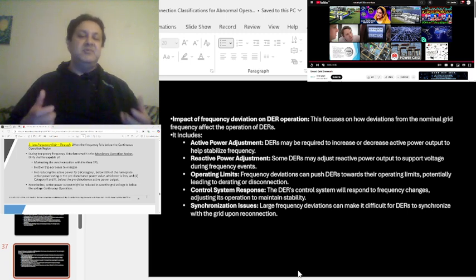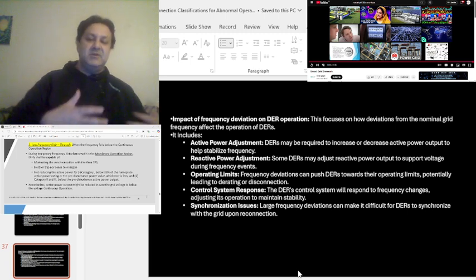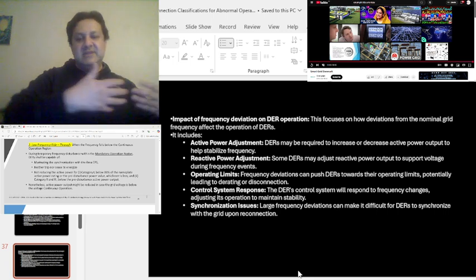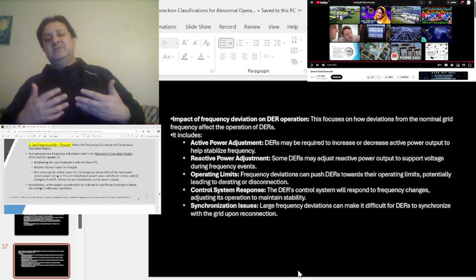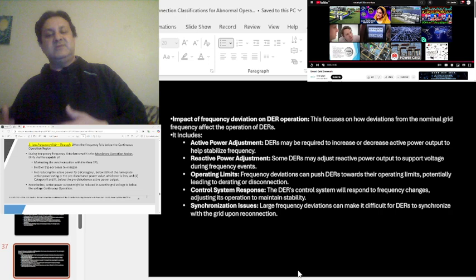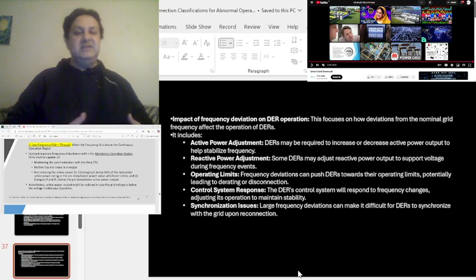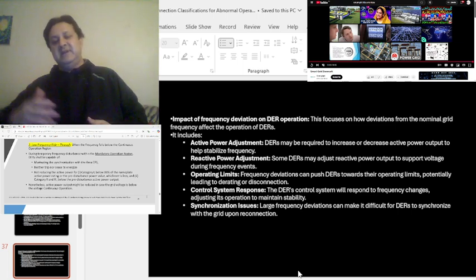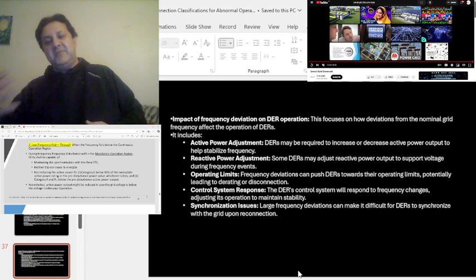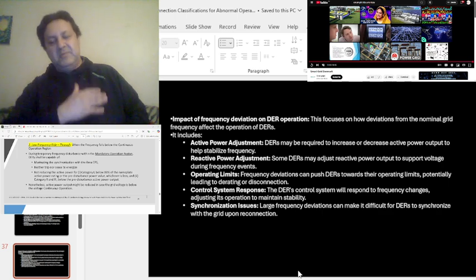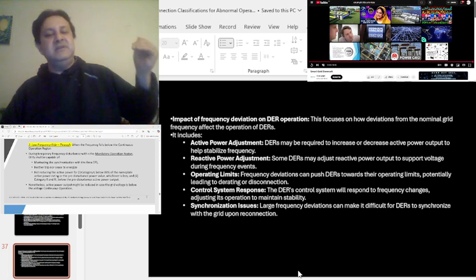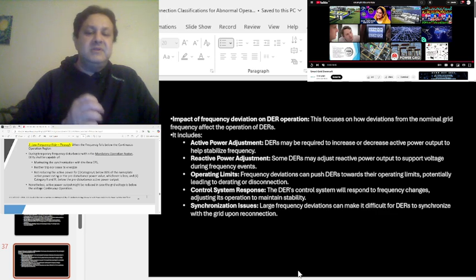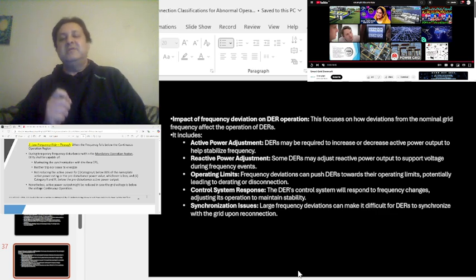Now, the operating limits. Frequency deviations can push DERs towards their operating limits because, as I said, every DER has voltage limits and thresholds for the frequency as well. So frequency deviations can push DERs towards their operating limits, potentially leading to derating or disconnection. Control system response: the DER's control system will respond to frequency changes.